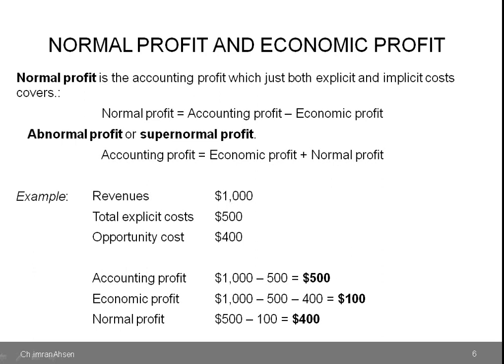Opportunity cost is 400, which we are missing. So accounting profit is 1000 minus 500, so 500 is your accounting profit. But in economic profit, we are going to subtract this 400, which is your opportunity cost. So we have economic profit of 100. So normal profit is 500 minus 100, that is 400.